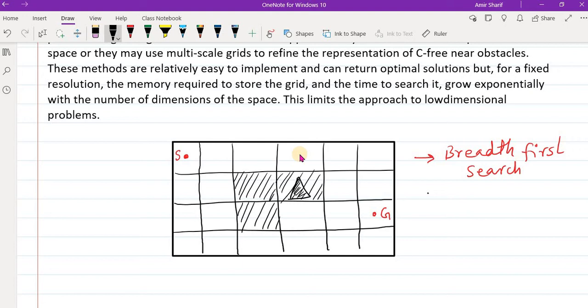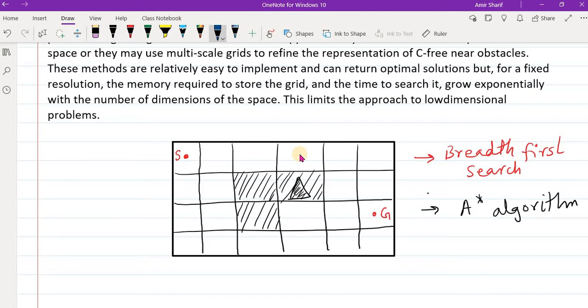We can use the breadth first search algorithm, we can use Dijkstra's algorithm, we can use the A-star algorithm to find the path, and the path will look something like this.